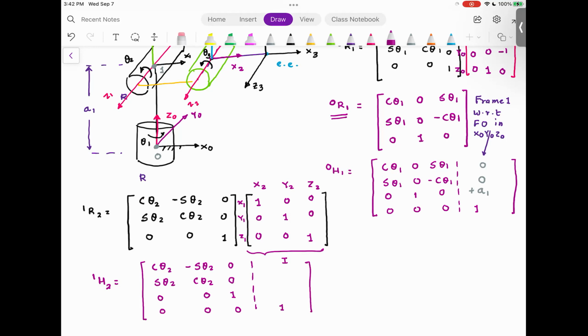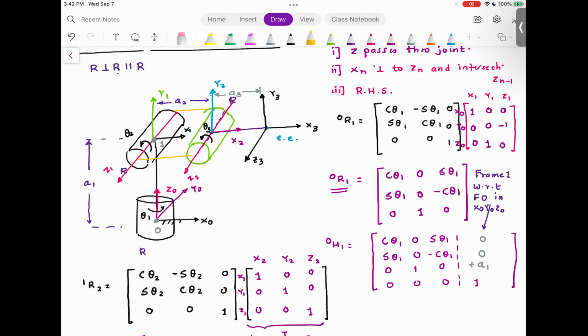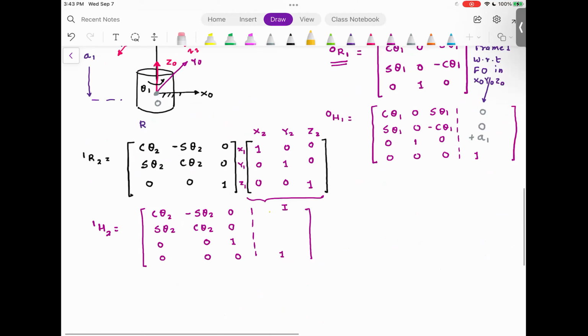And now what I want is, once again, let me explain this a little bit carefully. This is frame 2. The location of frame 2 with respect to frame 1 about x1 for all possible values of theta 2 is a2 cosine theta 2.